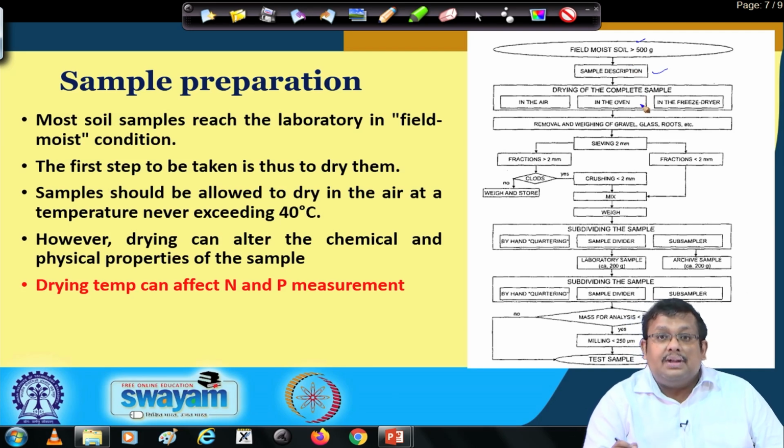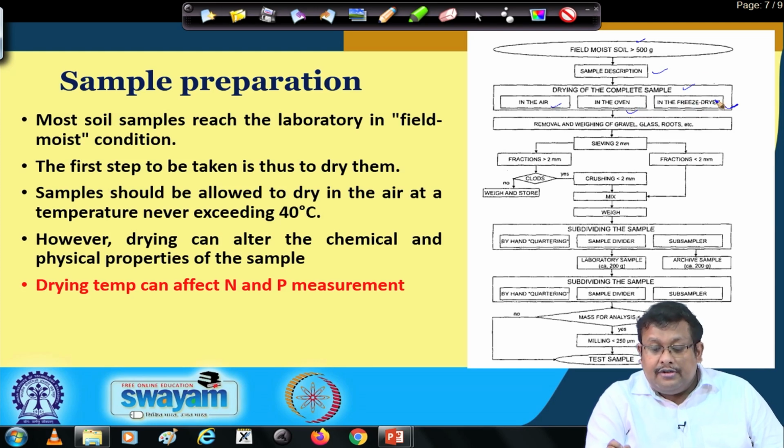Once you do the sample description, the next step is the drying of the complete samples. Drying of the complete samples you can do by air drying, and also you can dry it in the freeze dryer. We will discuss freeze drying, and also you can dry it in the oven.